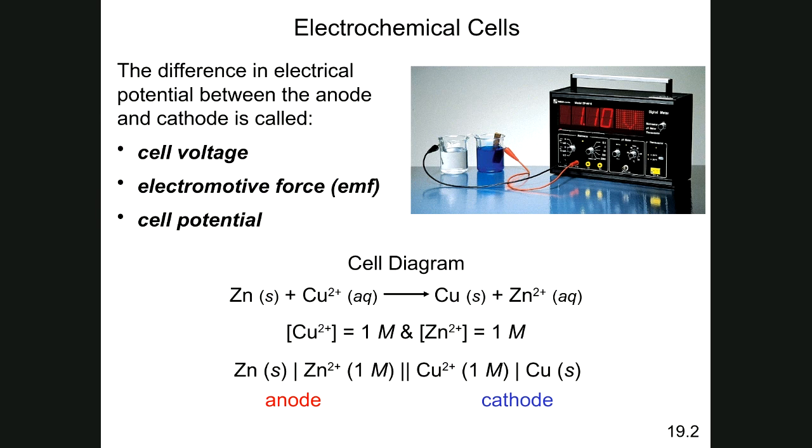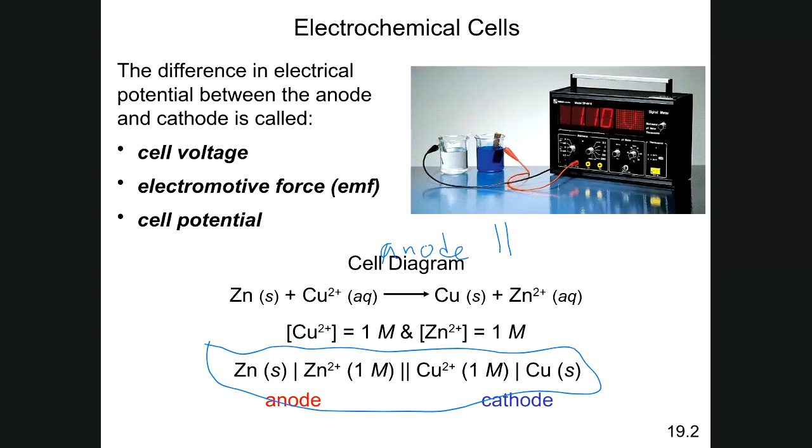What is this format? You are separating the anode from the cathode using two parallel lines. In this case, the left side is going to be the anode, and the right side is going to be the cathode.